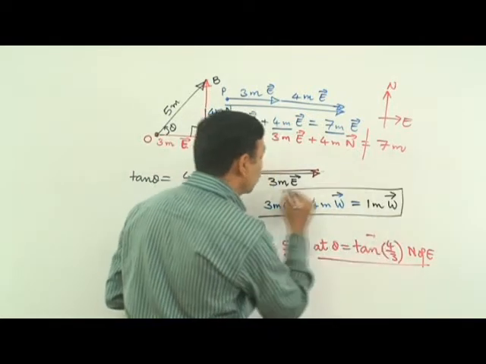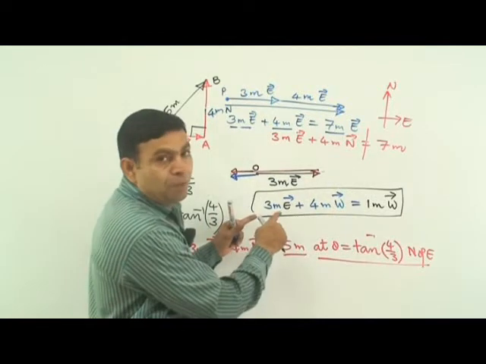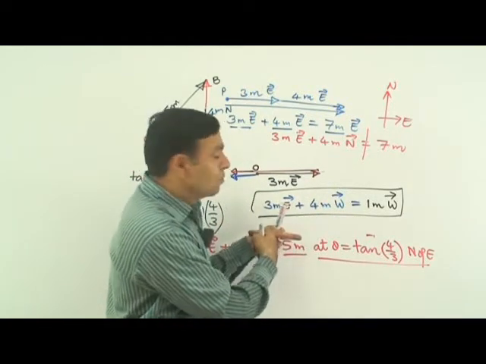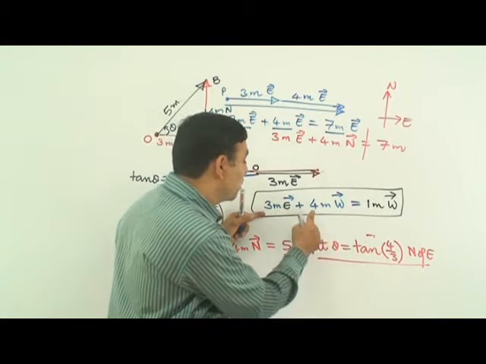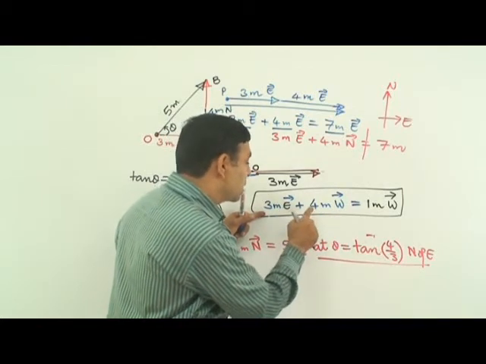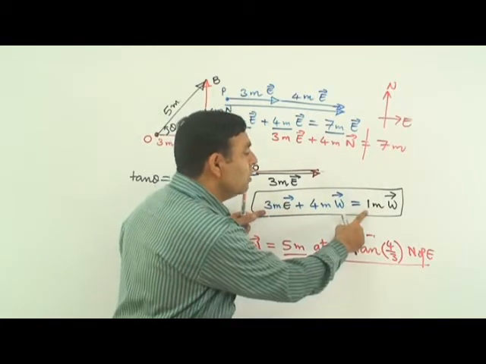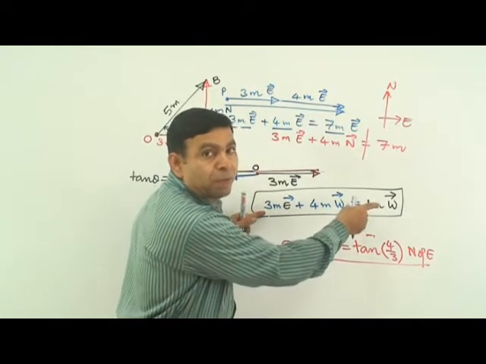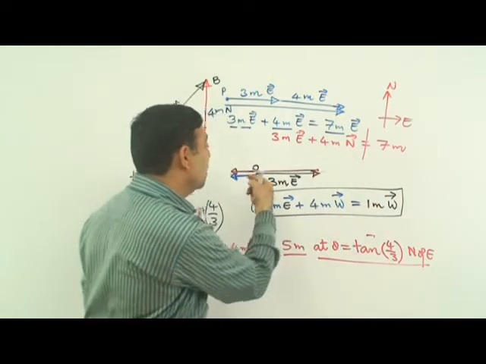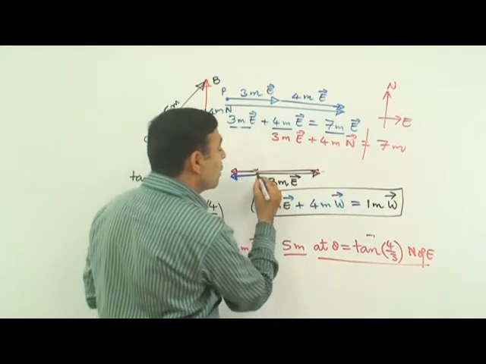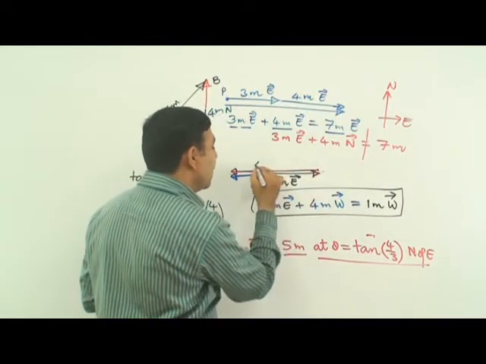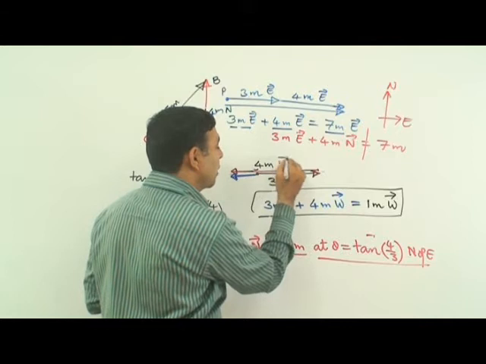So when two vectors are in opposite direction, the result's magnitude will be equal to the difference of their magnitude. In this case it is 4 minus 3, which is 1, and the direction of the resultant will be the direction of the larger vector. In this case, a smaller one is 3 meter towards east and larger one is 4 meter towards west. This vector has got greater magnitude.